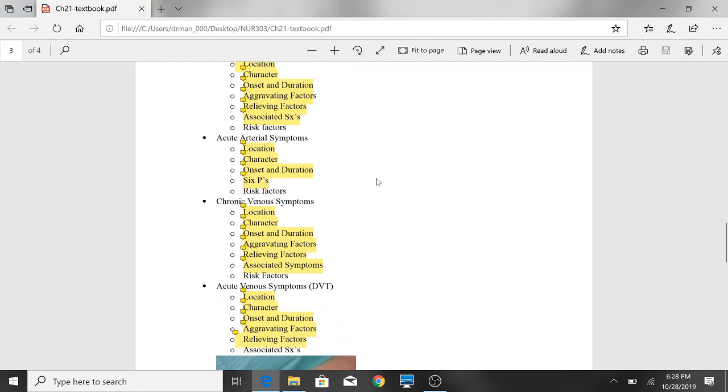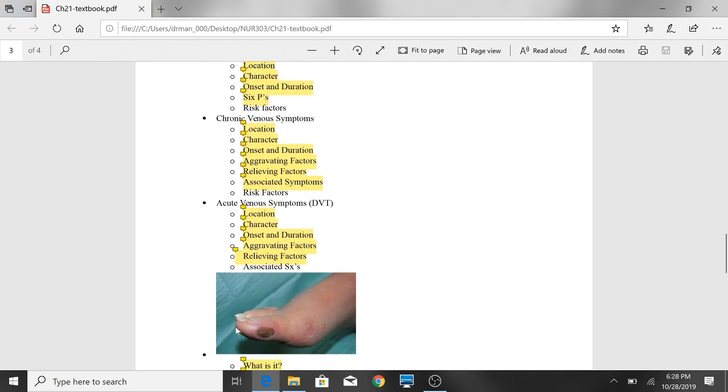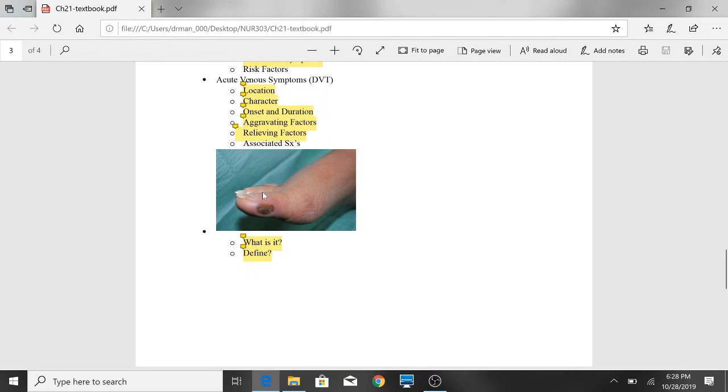So then acute venous symptoms, usually calf, usually moderate to intense pain, usually sudden, it just happens. Some aggravating factors are palpating it as you're feeling it, and relieving factors are pain medications.